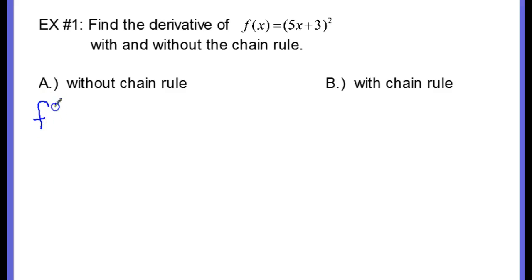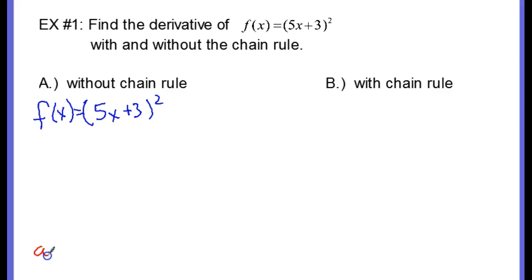So I've got f of x is equal to 5x plus 3 quantity squared. The first thing that I need to do is expand this binomial. One way that I could do that would be to certainly FOIL 5x plus 3 against itself, but that's kind of time consuming. Here's a fast way to do it.